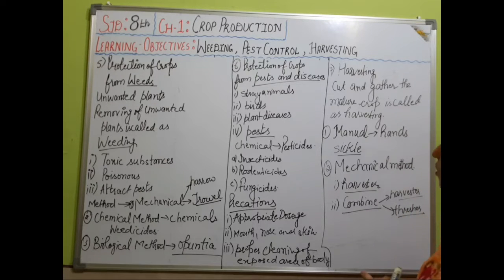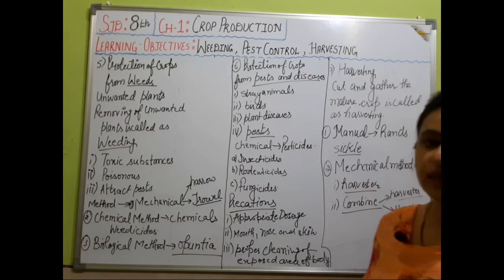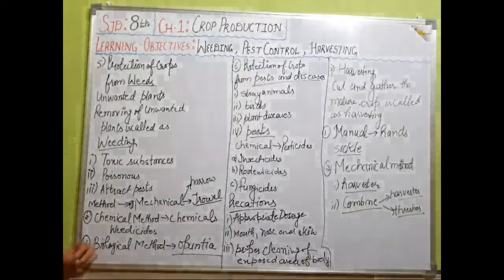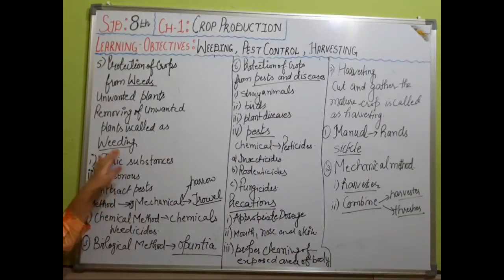So this is all about the three basic learning objectives which we learned today. We have learned about the protection of crops from weeds, in which we learned that weeds are nothing but unwanted plants, and removing those unwanted plants is called weeding. Why is weeding important? Because these weeds release toxic substances, they are poisonous and they attract pests.